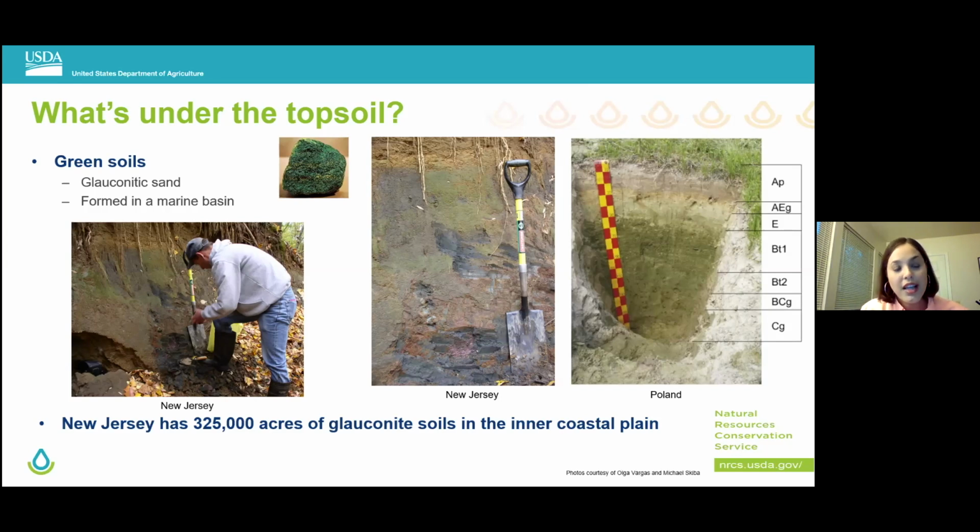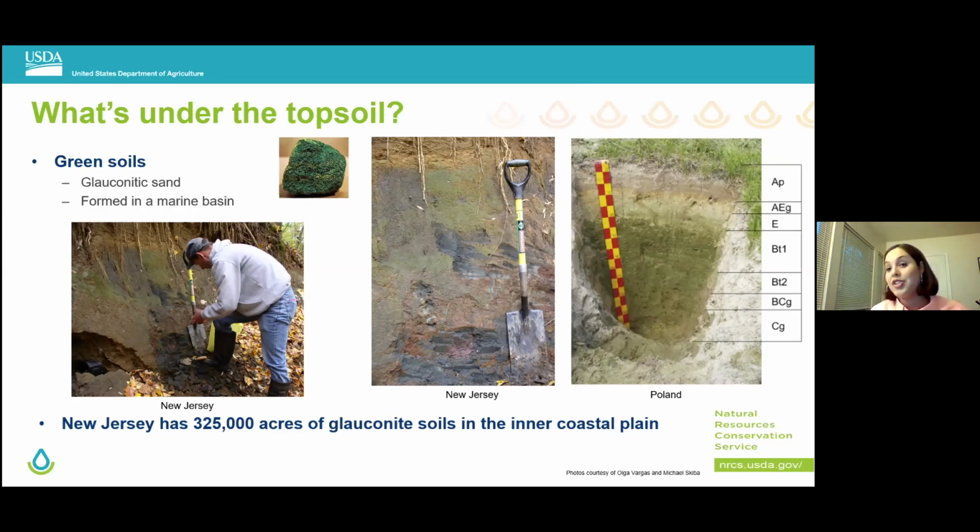So when you look at that soil and that color, you need to think, what's going on here? Because we know green soils are not common. That is not something you get to see every day. That is when you have to think about the geology. You need to think, what happened here? Why is this environment so different?